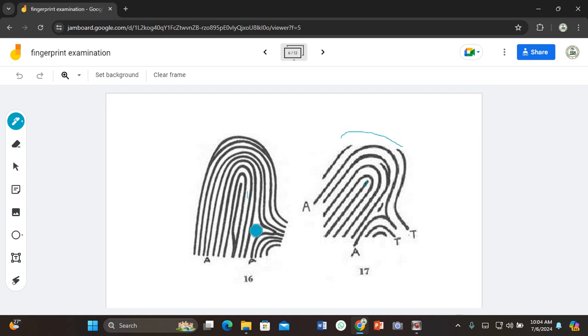And I want you to notice the following: that the core is placed on the innermost recurve. Now, all these are recurve lines, but this is the innermost recurve.